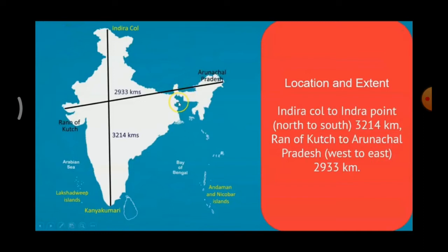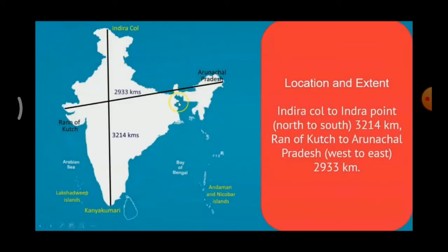The north-south extent of India is 3,214 km and it extends from Indira Col in Jammu and Kashmir in the north to Kanyakumari in the south. So see this picture. In this map, where is Indira Col?